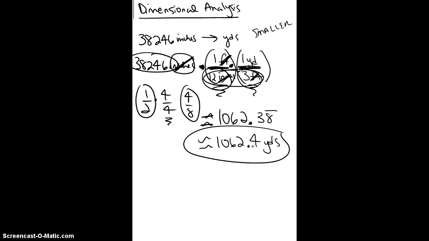All right, so again, with dimensional analysis, you're using the units to help you know what to do. Sometimes you can convert things that aren't really using ones to convert, but you're using it to solve a different math problem. So for example, say that you drive 300 miles in, I don't know, 8 hours.